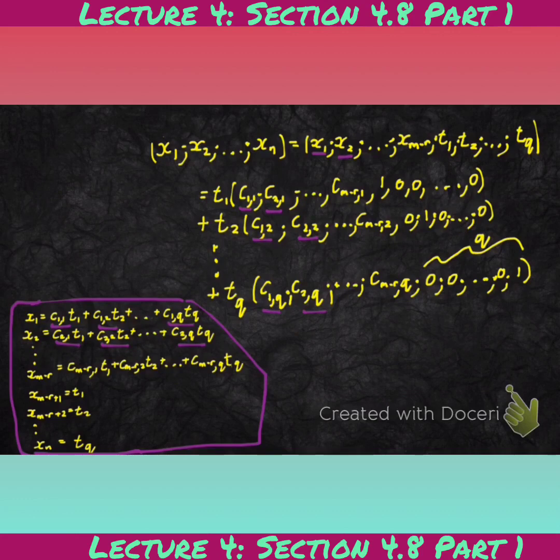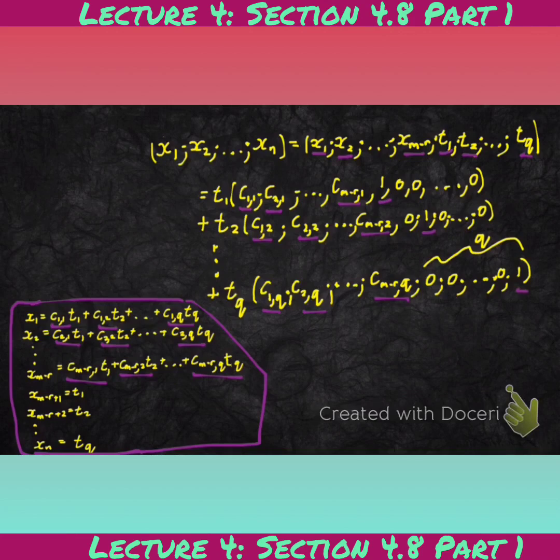And we do that up until the m minus rth component, T1C(m-r)1, plus T2C(m-r)2, up until TQ times C(m-r)Q. Then summing the remaining components, we get T1 for the first, T2 for the second, and TQ for the last component. So clearly that's equal to this.